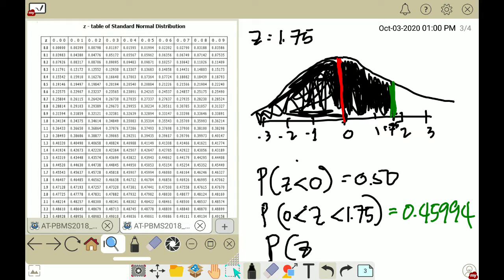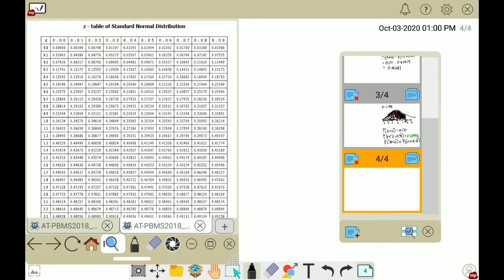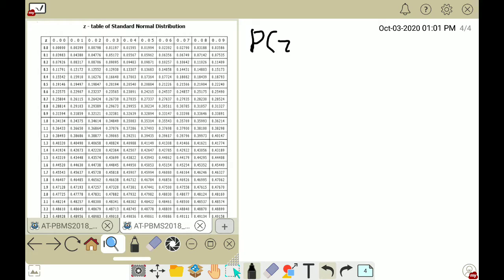That means it is P of Z less than 0 plus P of Z between 0 and 1.75. Okay, so next, copy the formula, P of Z less than 0, because that is the area to the left of the mean, plus P of Z between 0 and 1.75.